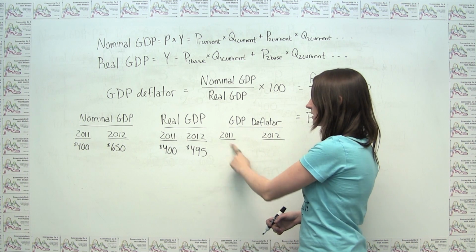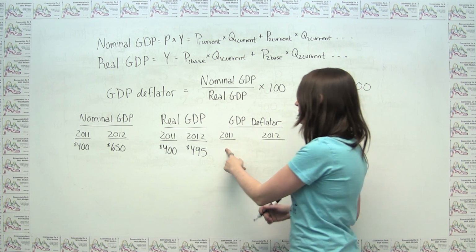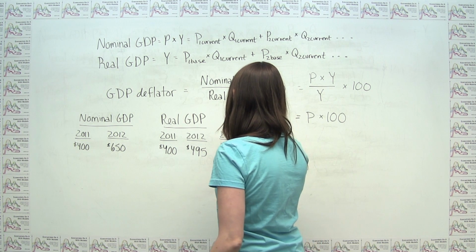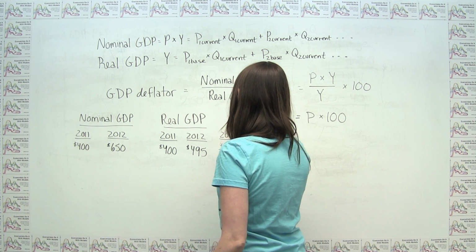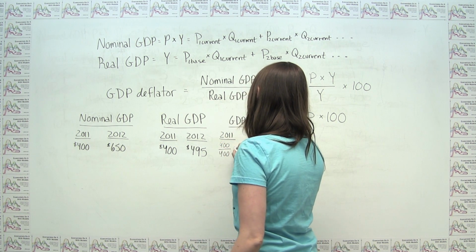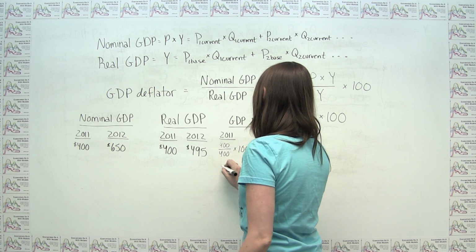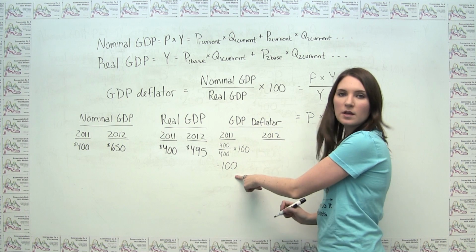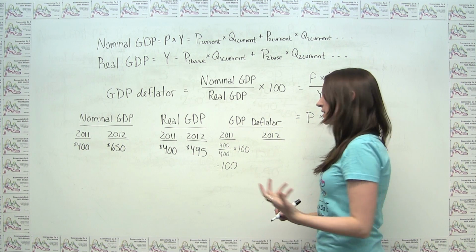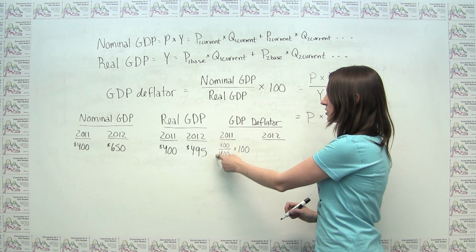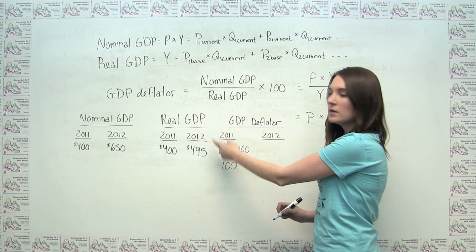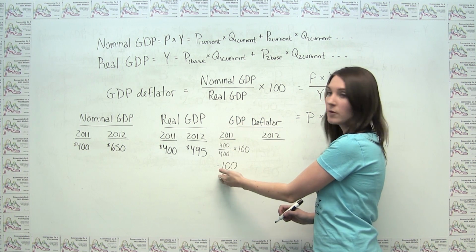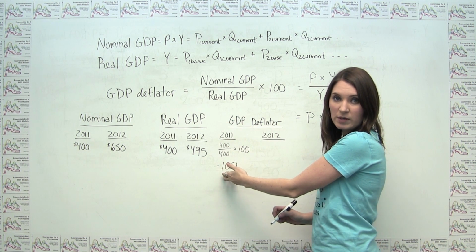So for 2011, our GDP deflator is just 400 over 400 times 100, which just gives us 100. And because nominal and real GDP in the base year are the same, the GDP deflator for the base year is always going to be 100.